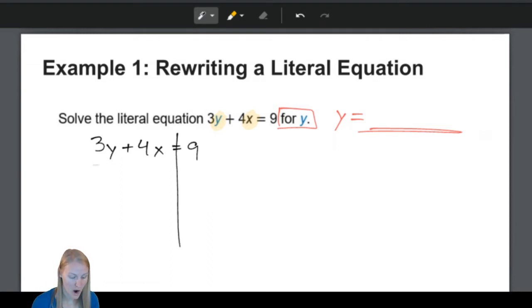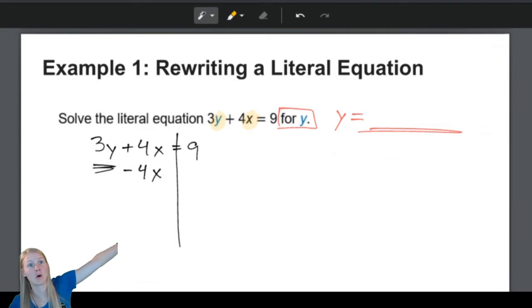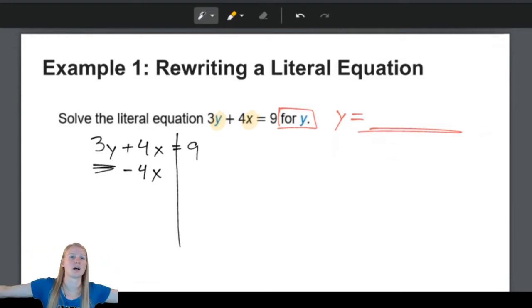I want y by itself, so this 4x does not need to be here. I want to move it over to the other side. And remember, how I move things is I just do the opposite of it. So we have plus 4x, I'm going to minus 4x. And if I do it to one side of the equation, I must do it to the other in order to balance it out. So minus 4x.